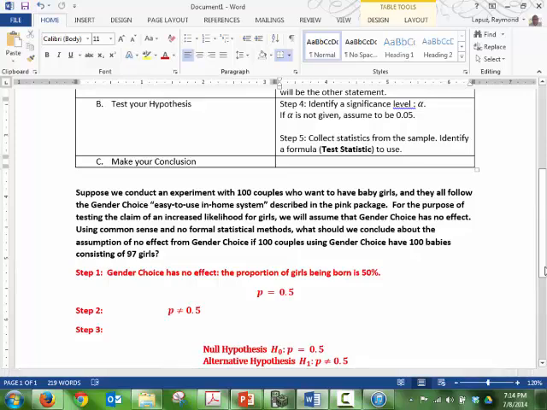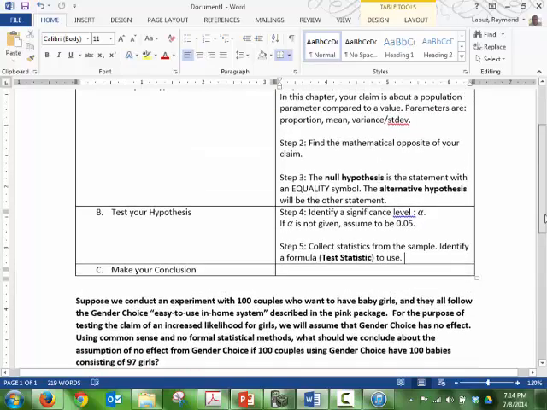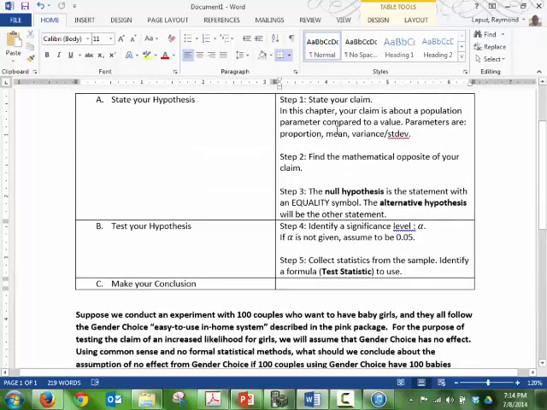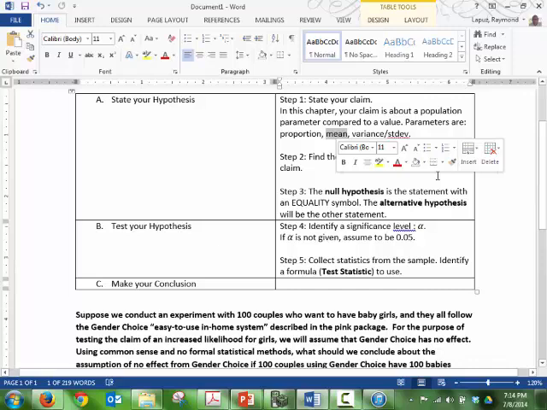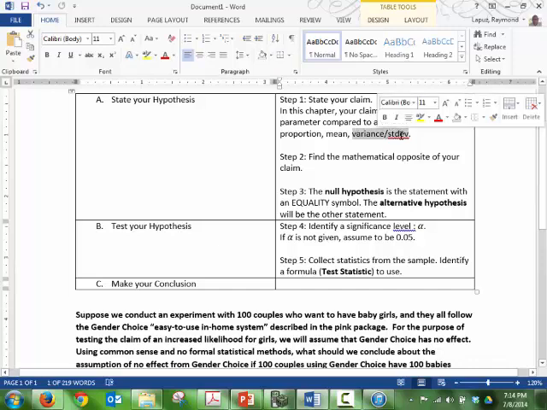In another problem, we might have a special test statistic for the mean. And then we will have a special test statistic for the standard deviation and variance. So depending on the scenario you're working with, you're going to have a different test statistic. Okay? And you have to identify the test statistic.